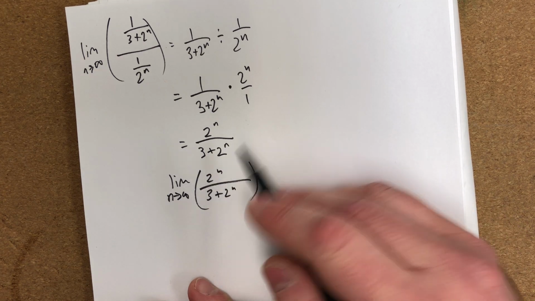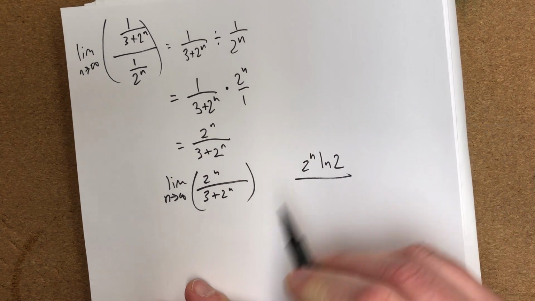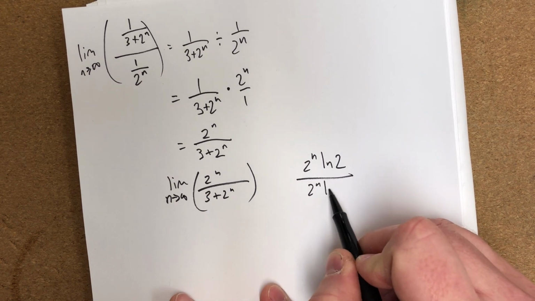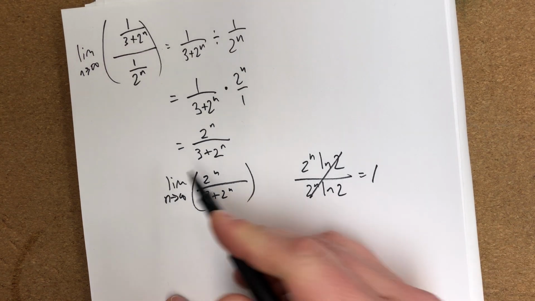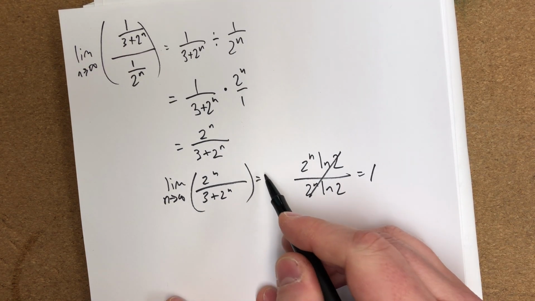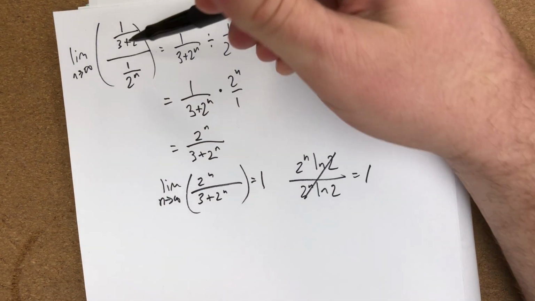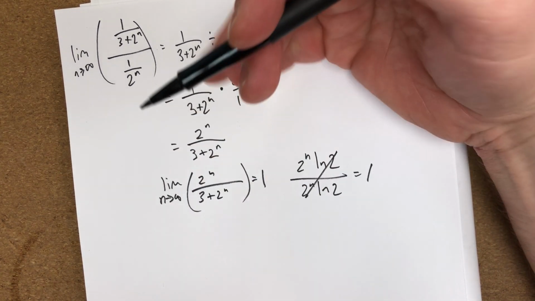You know the derivative of 2 to the n is 2 to the n ln 2. If you don't know that, study harder for your AP exam. The derivative of 3 is 0, then 2 to the n ln 2. The limit as n goes to infinity for this is 1. That means that as we approach infinity, these two series are of the same strength and of the same nature.